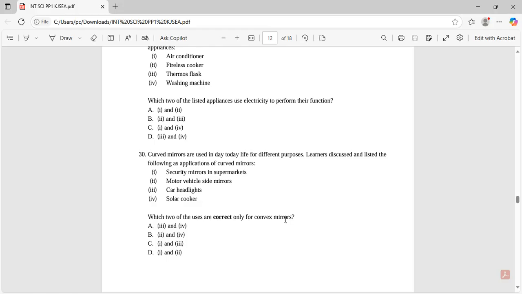We have car headlights and security mirrors in supermarkets, 1 and 3. So that is C.